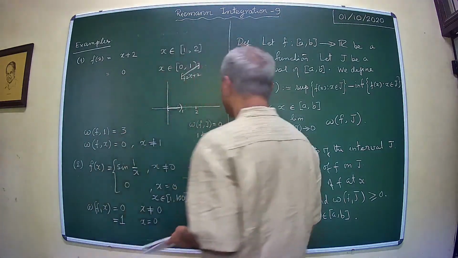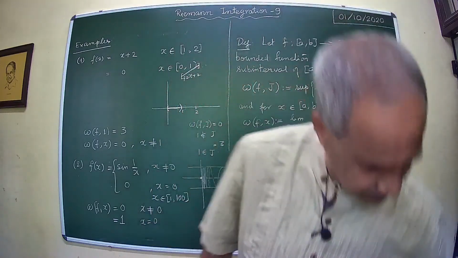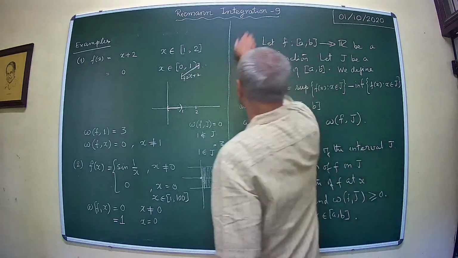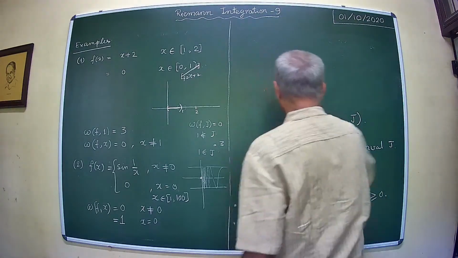Now what happens if the function is the Dirichlet function? Third example, take f to be the Dirichlet function.